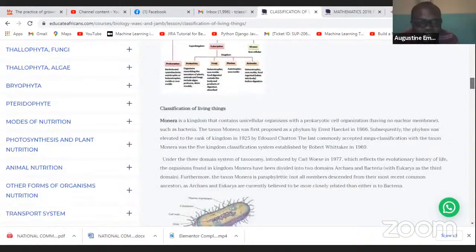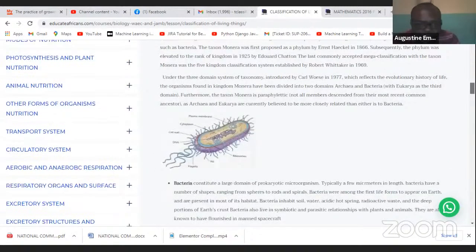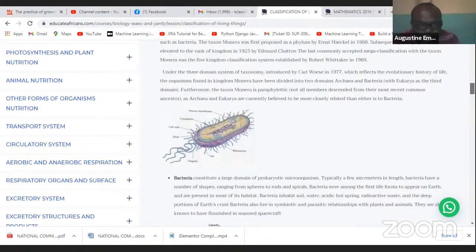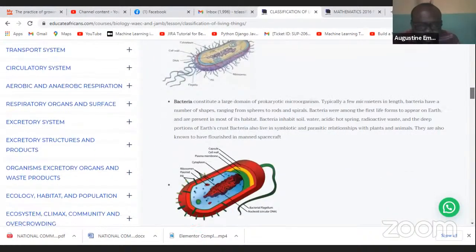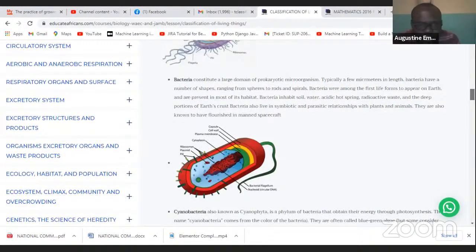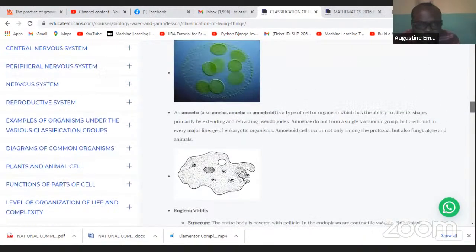So we have this kingdom Monera, which contains unicellular organisms known as prokaryotes having one cell. Example is bacteria. This is the example of a bacteria. Then we have the amoeba.